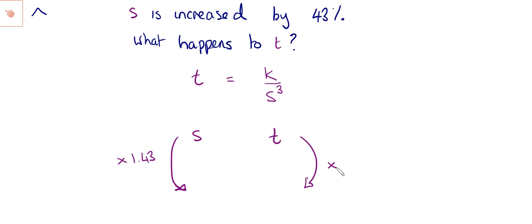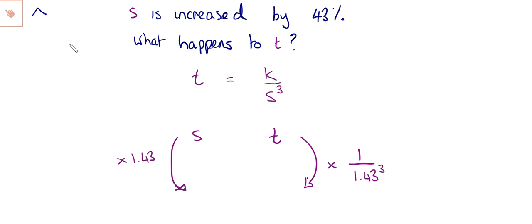So what do I multiply by? 1 over 1.43 cubed. Alright? So with direct proportion, it's just multiplied by the same thing but cubed. But if inverse proportion, it's just 1 over it.